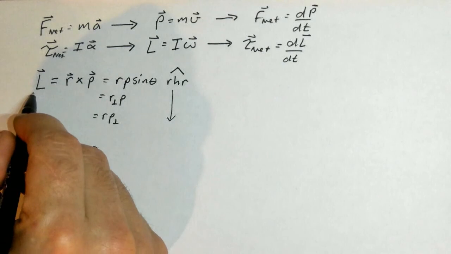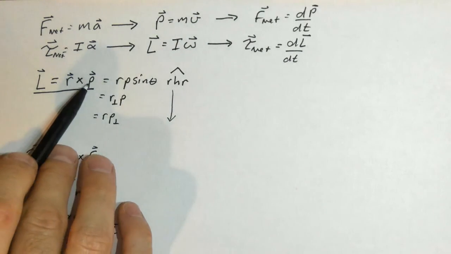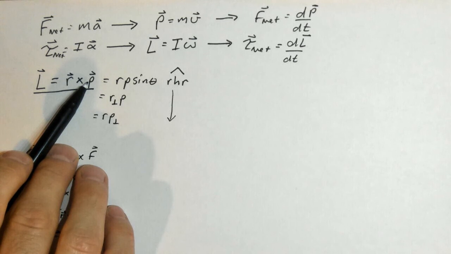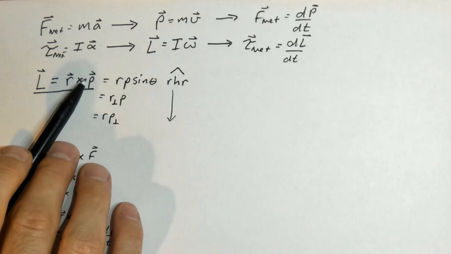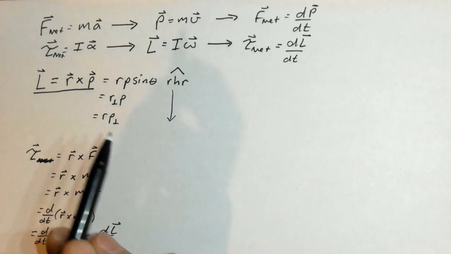Okay, so remember, this is how you'd find the angular momentum for a particle that's moving with momentum p. And this could even be moving in a straight line, by the way. The p doesn't have to be a particle moving around in a circle. We could apply this to that, but this could also be applied to a particle moving in a straight line. And I'll do an example in a later video that shows that.